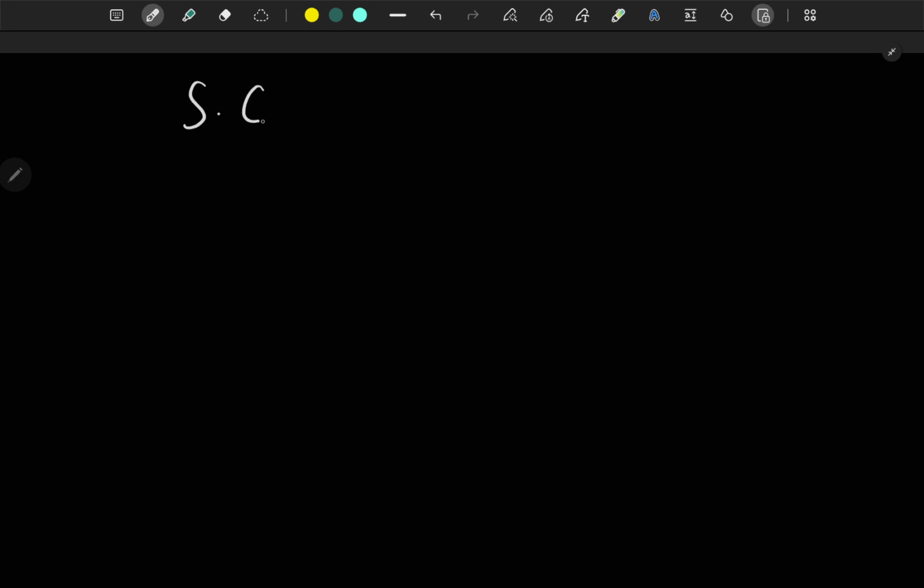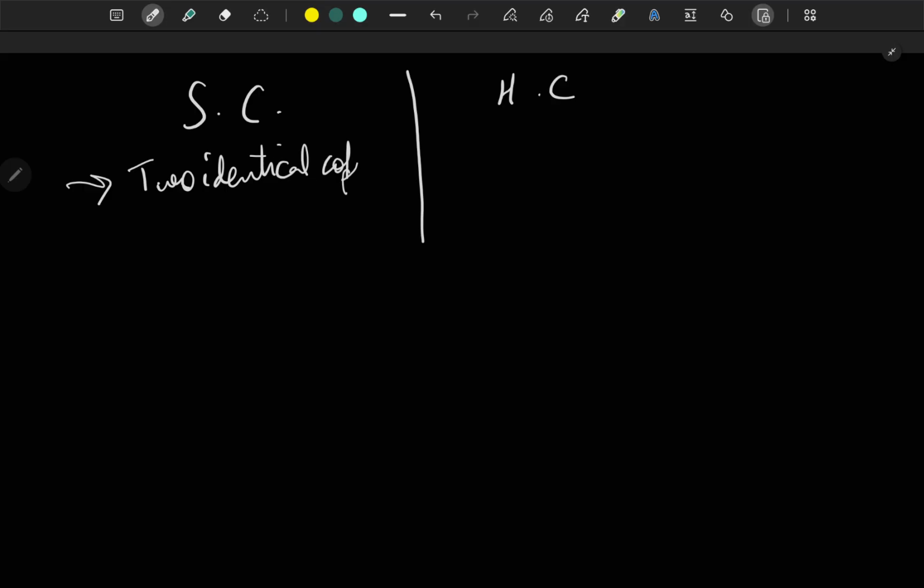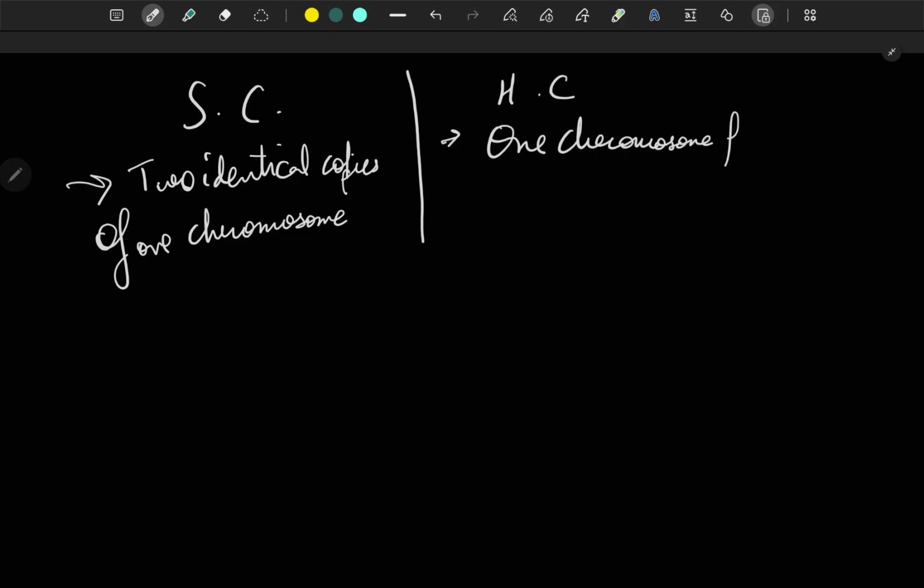The difference between sister chromatids and homologous chromosomes: sister chromatids are what? Two identical copies of one chromosome. What are homologous chromosomes? It is one chromosome from the mother plus one from the father side.